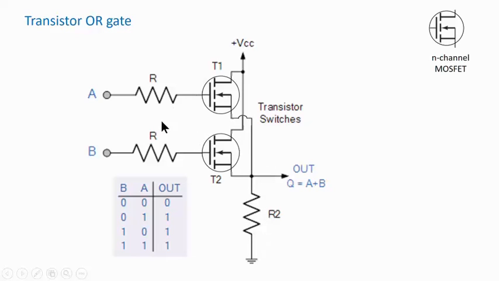It works like this: if one of the gate voltages is on, it will turn that particular transistor on, and you get the output as on. But in order to get the output as zero, both gate voltages must be zero, and then this output will be zero.